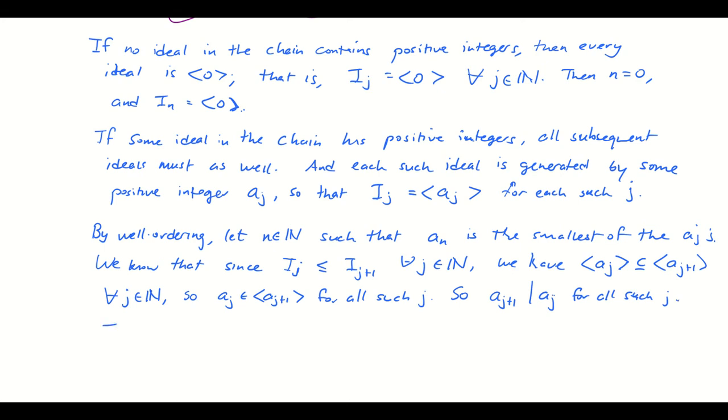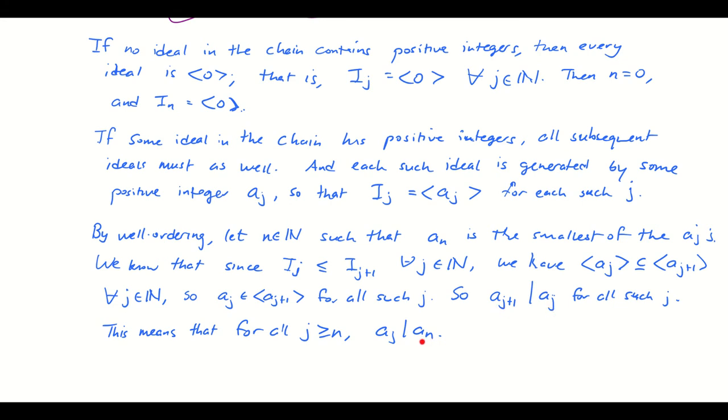Okay, but this means that for all j greater than or equal to n, a sub j is going to have to divide a sub n, because what this step shows is that each subsequent generator has to divide the one before it.